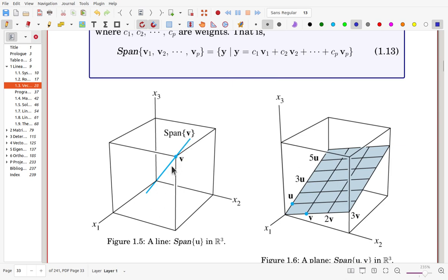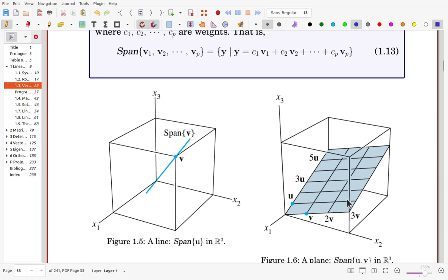If c is less than 1, the vectors will be around there, and if it's larger than 1, they go over there. Once c is negative, they go in the other direction, so eventually the span of v is a line including this vector v.